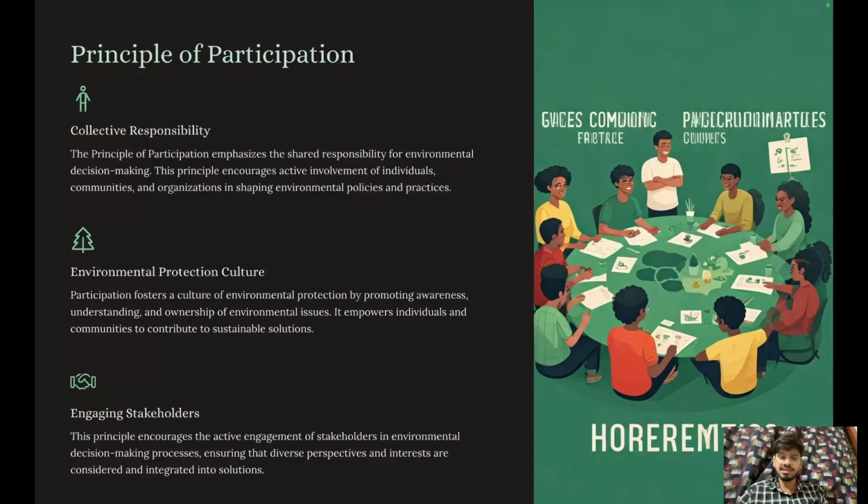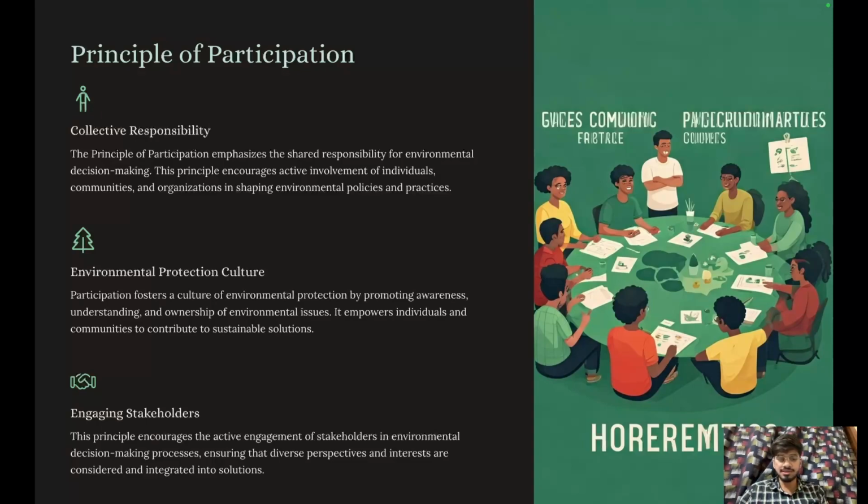Environmental protection culture is built by promoting awareness, understanding, and ownership of issues related to the environment, which empowers individuals and communities to contribute to sustainable solutions.